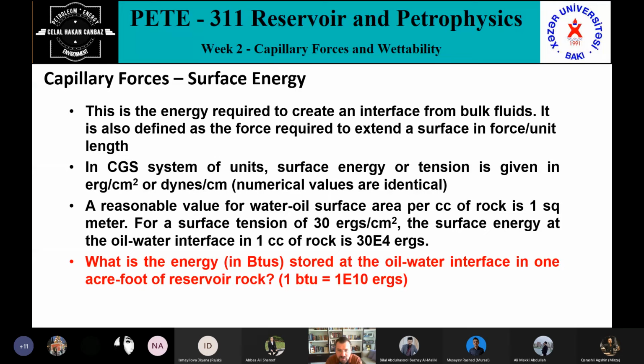For a surface tension of 30 ergs per centimeter square, the surface energy at the oil-water interface in 1 cc of rock is 300,000 ergs.